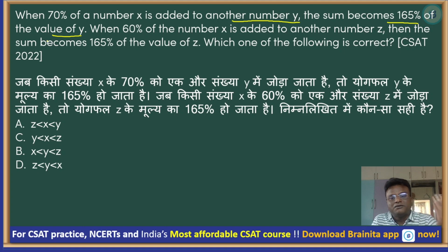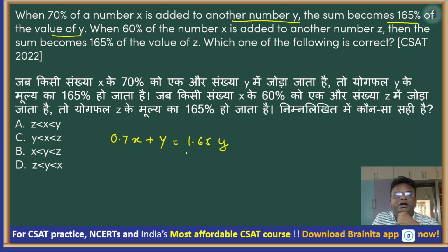So 165% of y is a 65% increase in the value of y. So 70% of number x is 0.7 multiplied by x, added to another number y. Then it becomes 165% of the value of y.